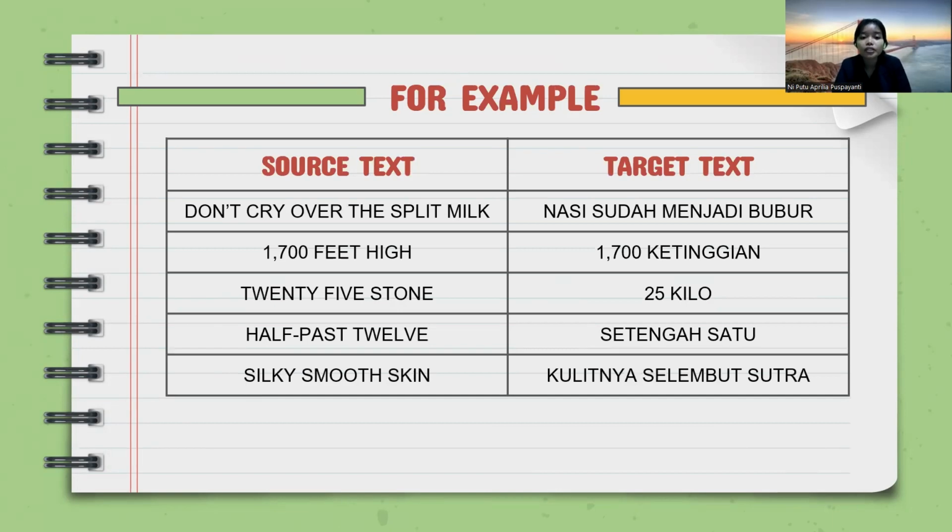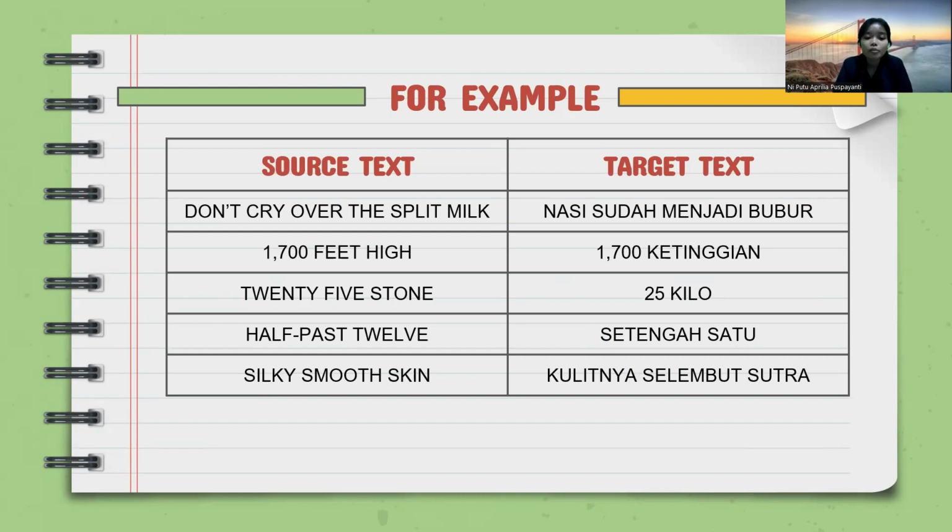So, as you can see on the slide, I provide you 5 examples of adaptation techniques. Number 1 is "don't cry over the spilled milk", and the target text is "nasi sudah jadi bubur". Number 2 is "1,700 feet high", and the target text is "1,700 ketinggian".